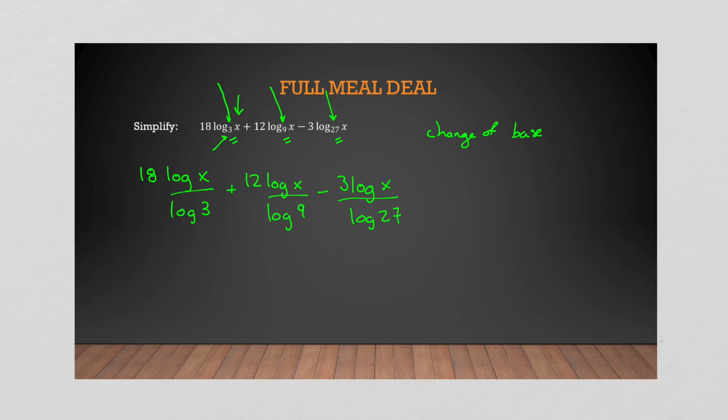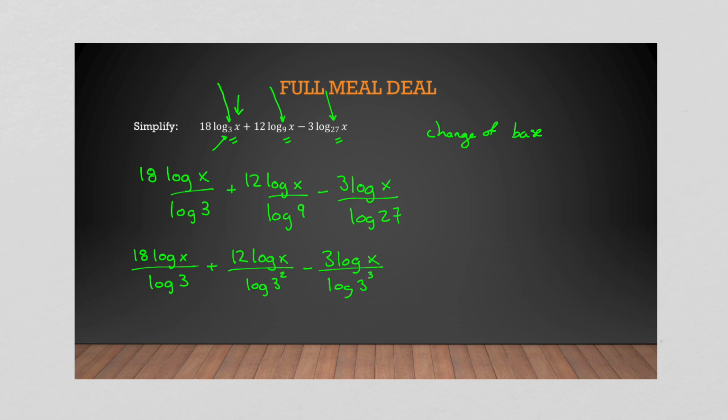So now you'll notice here's what's going to happen to my denominator. Now I have 18 log x over log 3, plus 12 log x over log 3 to the 2, minus 3 log x over log 3 to the 3.